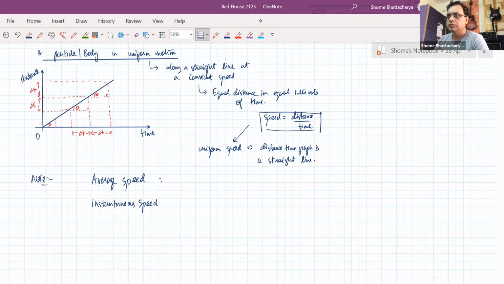The total distance upon total time. Yes, very good. So when we say average speed, what is it defined for?